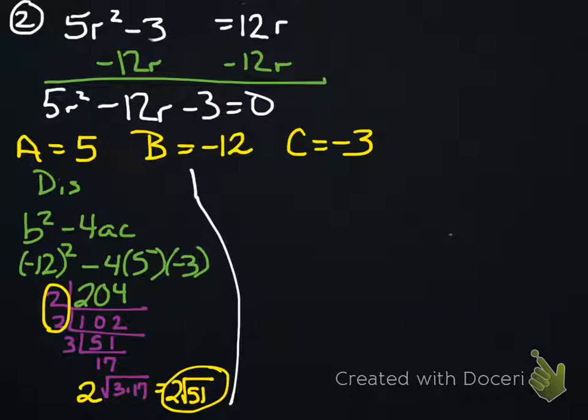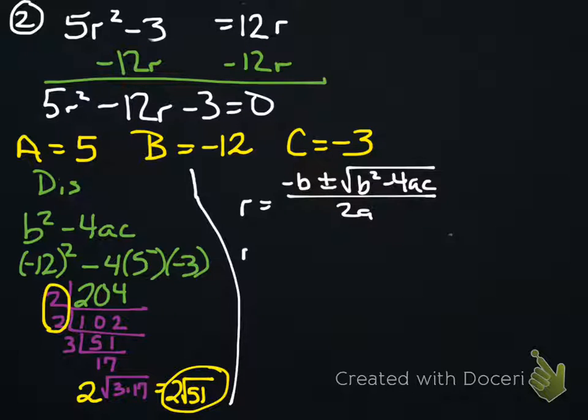The quadratic formula in this case is going to be r equals negative b plus or minus the square root of b squared minus 4ac, all divided by 2a. And so r equals opposite b. So if it's negative 12, opposite of negative is positive, plus or minus.